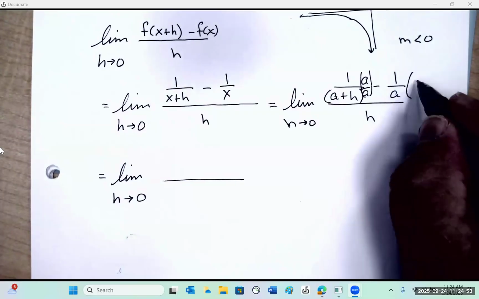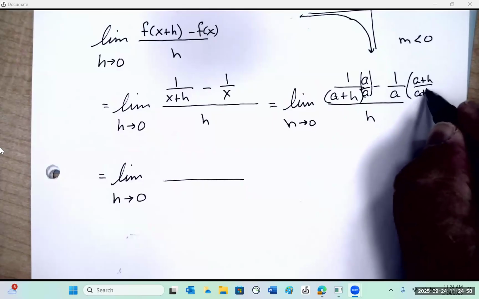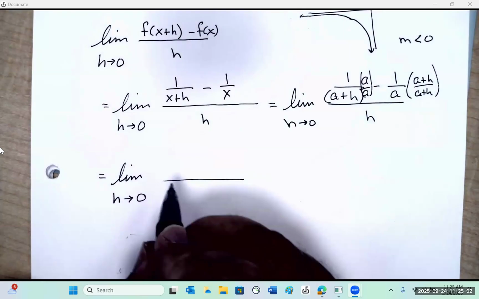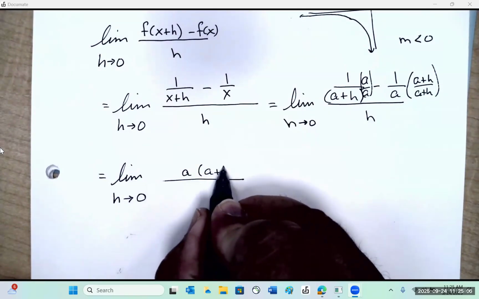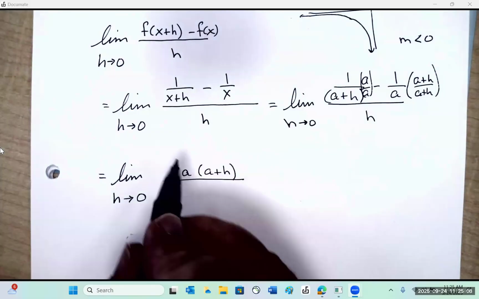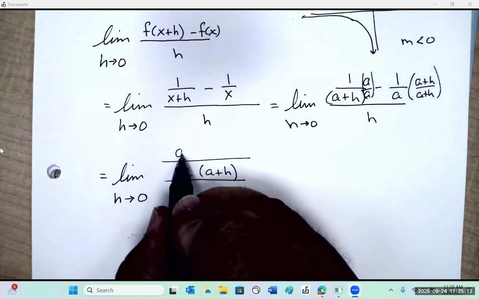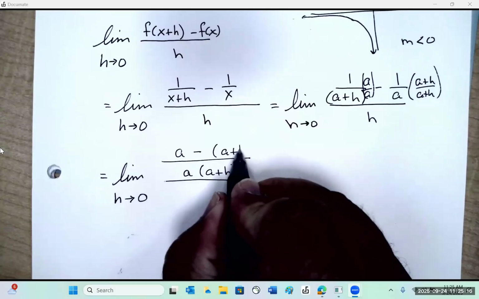The second term needs an a plus h over a plus h to get common denominators. So 1 times a is a, minus 1 times a plus h.